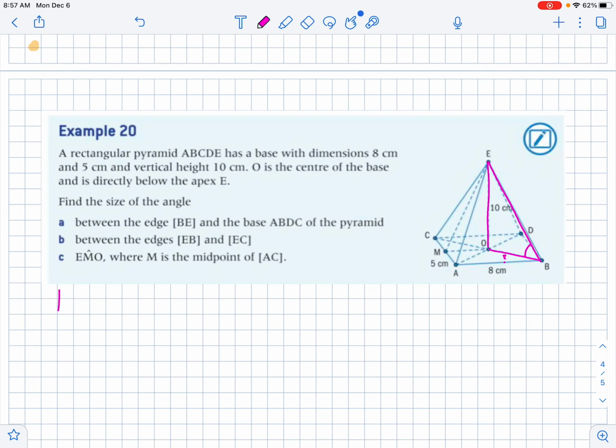If I redraw the base of this pyramid, there's a cross that goes through the middle. This is O. This is B, D, C, A. I know that these are sides of 5 and 8.